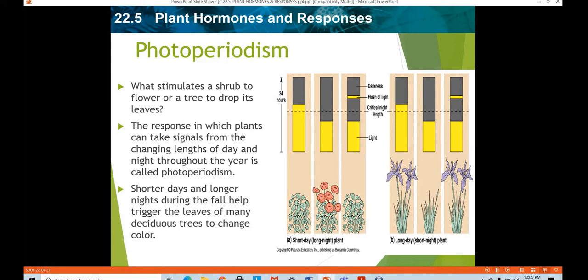Shorter days and longer nights during the fall help trigger the leaves of many deciduous trees to change color. This response is part of the preparation for winter when these trees enter a stage of dormancy. Winter dormancy in plants is functionally similar to the hibernation of many animals during the winter months. You know what is hibernation? Girls, what is hibernation? Who can tell me?